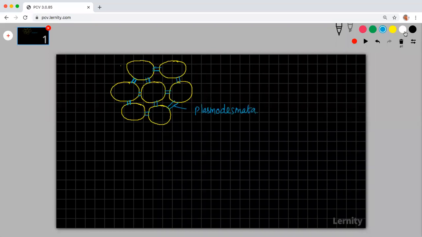If you see here, you will be able to see that this entire area is interconnected. You are able to see interconnection here, and in all these aspects.